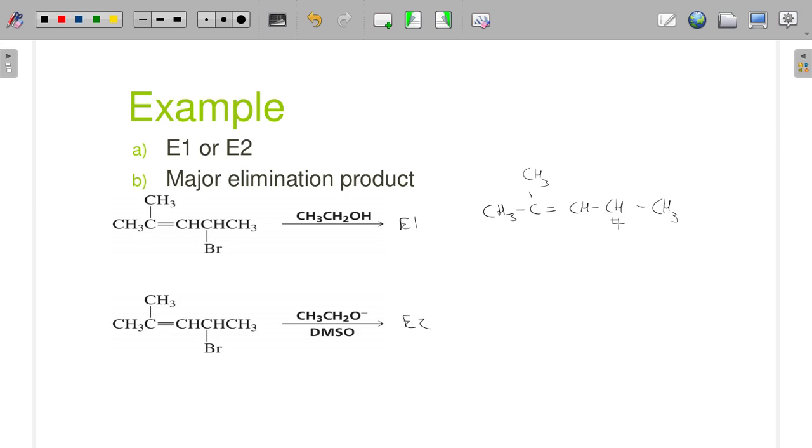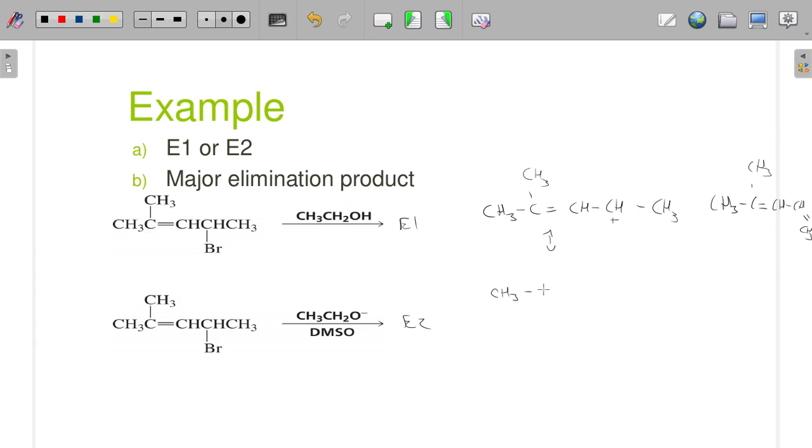All right, so if this actually is our resonance contributor we're focused on, one of our products is going to be... I'm going to run out of space here. I'm going to put the double bond down here. We're putting the double bond between these two. But this can resonate.